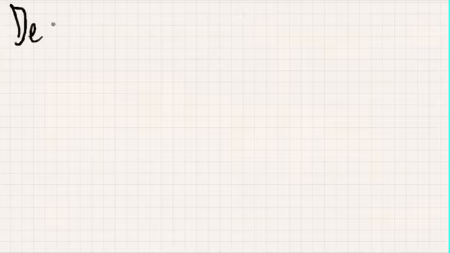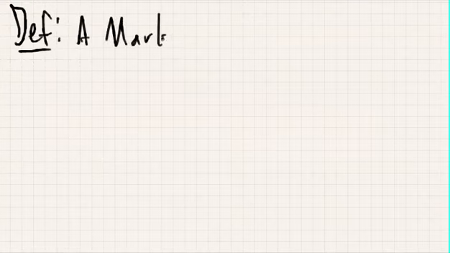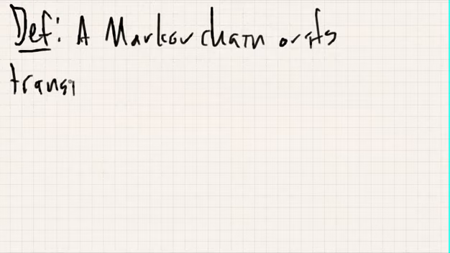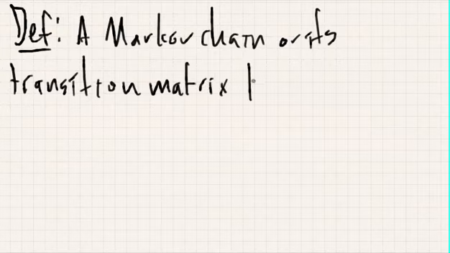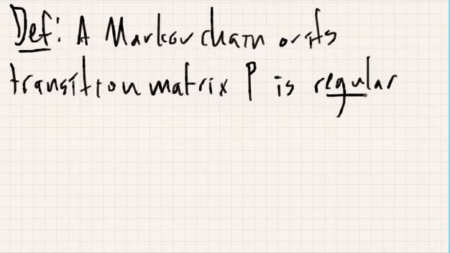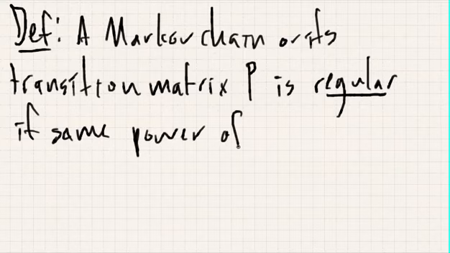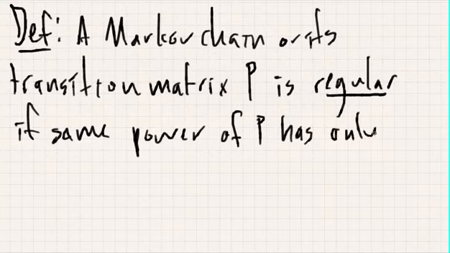But here's the formal definition. A Markov chain or its transition matrix P is regular if some power of P has only positive entries.